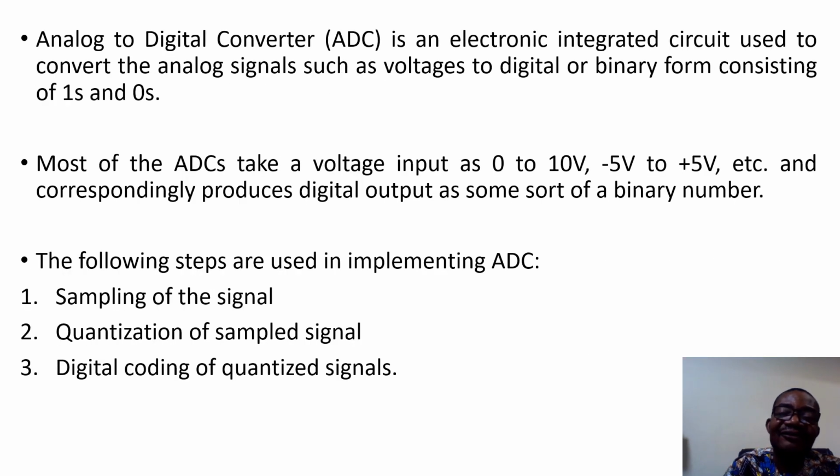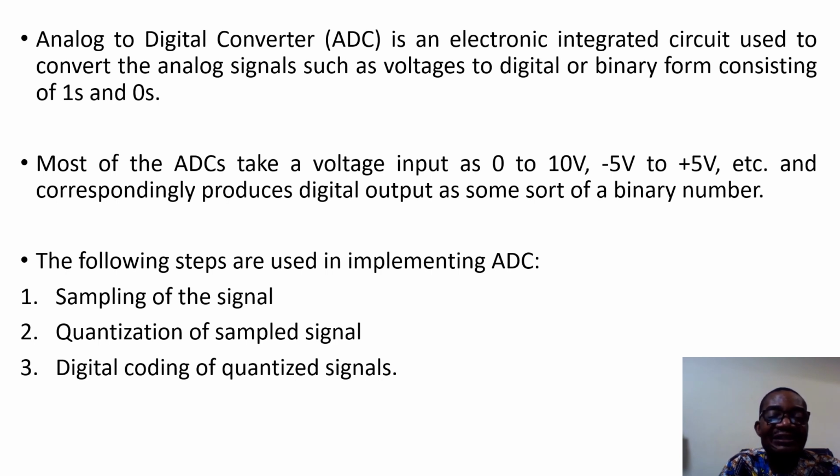So an analog to digital converter is an electronic integrated circuit that is used to convert analog signals such as voltage to digital signals, which are usually in binary forms like ones and zeros. Note that an analog to digital converter is usually in the form of an IC, an integrated circuit.